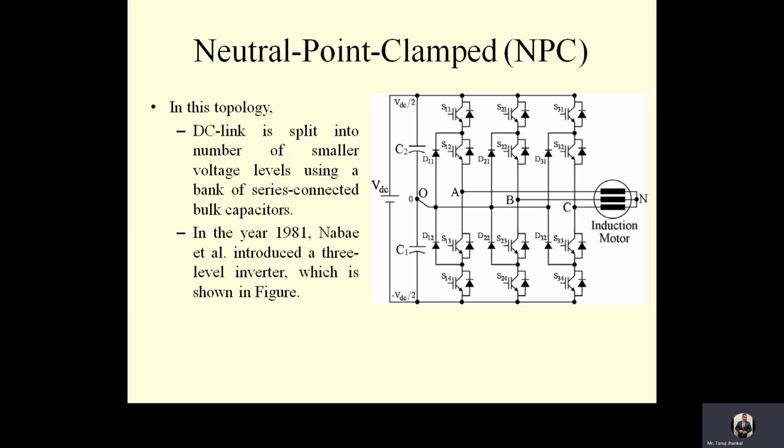In this inverter, each pole can attain one of 3 voltage levels: minus VDC by 2, 0 and VDC by 2, with respect to the neutral point O. The output voltage at pole A of the inverter, which is VAO, reaches the level of VDC by 2 when the top switches S11 and S12 are turned on.